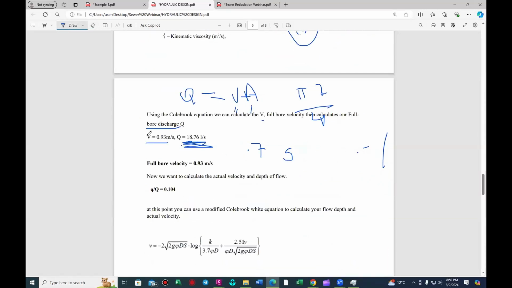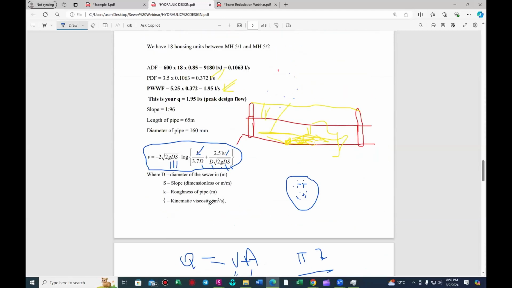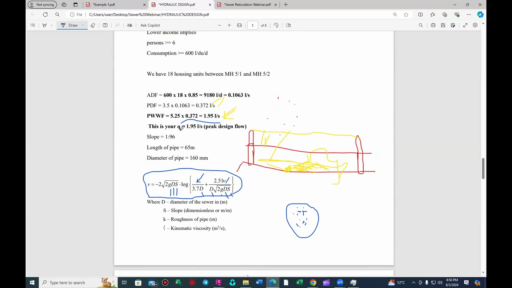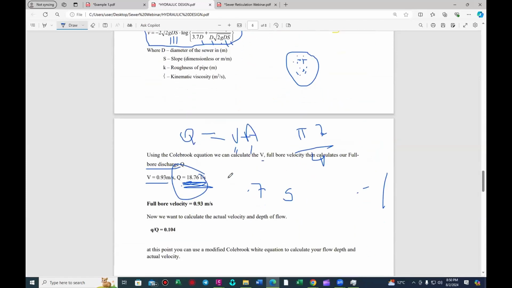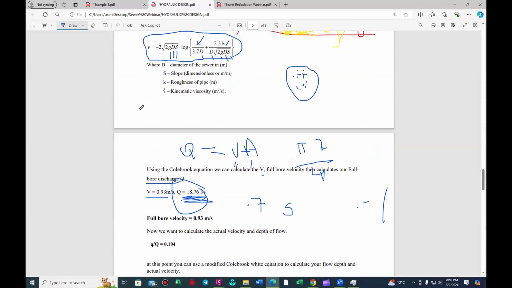But we said the maximum sewage that can be generated by 18 households is 1.9 liters per second. The full capacity of the pipe is 18.7 liters per second. So this pipe has the capacity to carry this sewage.